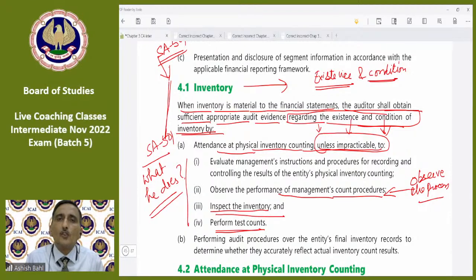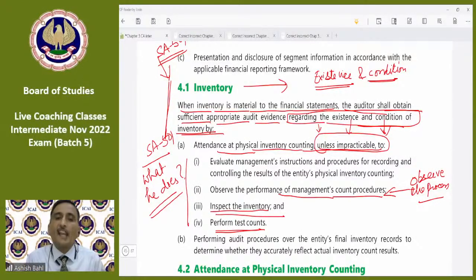Okay, so you understand that the auditor, as far as SA 501 is concerned, is concerned about obtaining sufficient appropriate audit evidence relating to existence and condition of the inventory. So he inspects the inventory to know its condition. Okay.